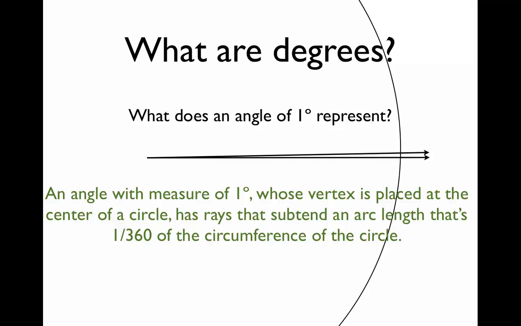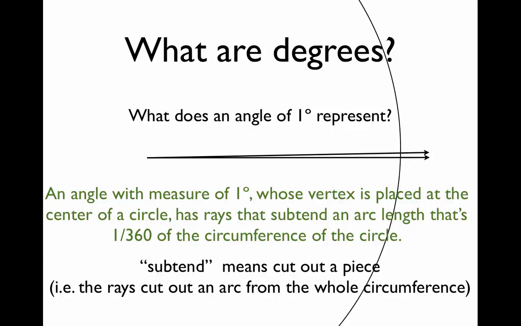Okay, and so this is this word subtend. So an angle with measure 1 degree, whose vertex is placed at the center of a circle, has rays that subtend an arc length that's 1/360th of the circumference. So subtend just simply means to cut out a piece. The rays subtend, or cut, a piece of the circumference.